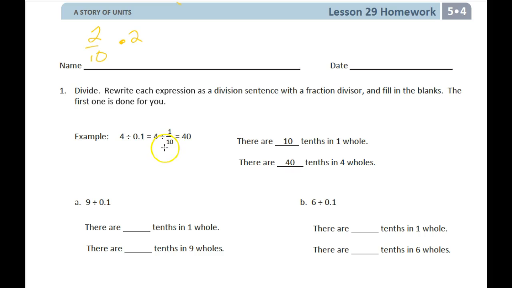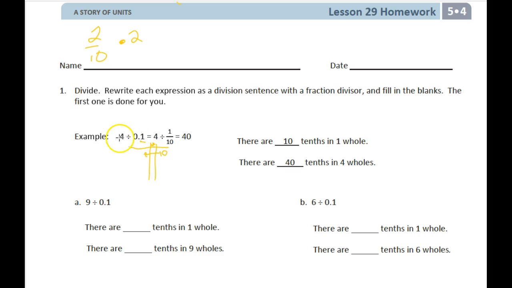When you think about it, 10/10 makes one whole. So if you have 40/10, remember that place value chart we used at the beginning when we were talking about decimals, and if I have 10/10, the arrow would bring it over to a 1.